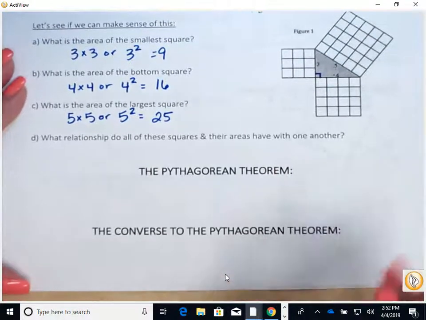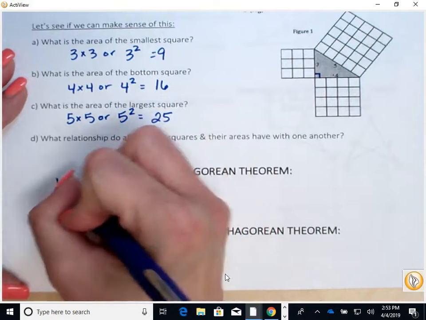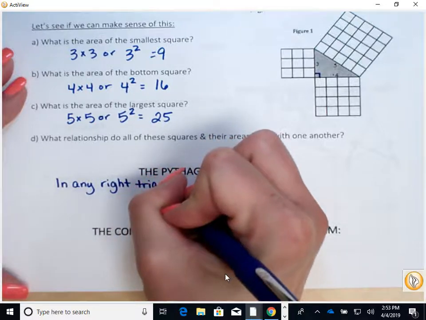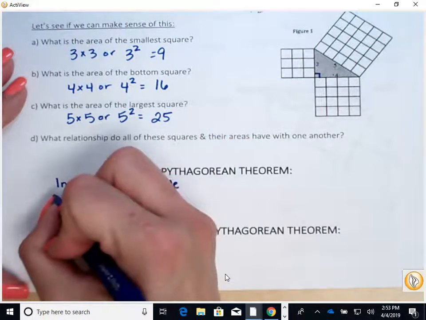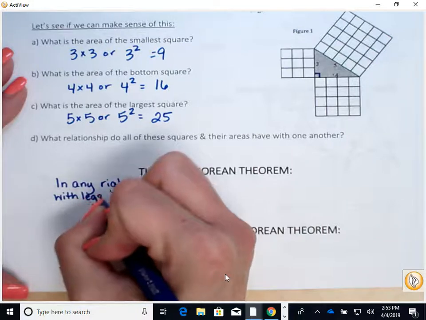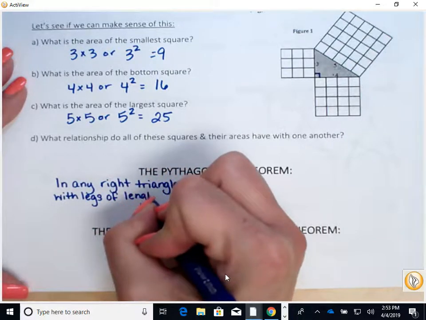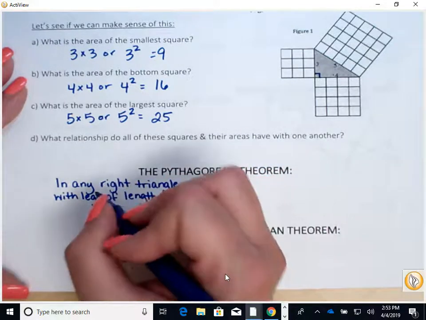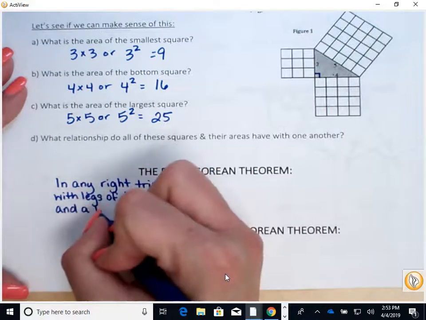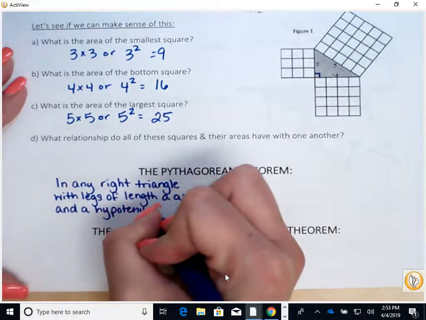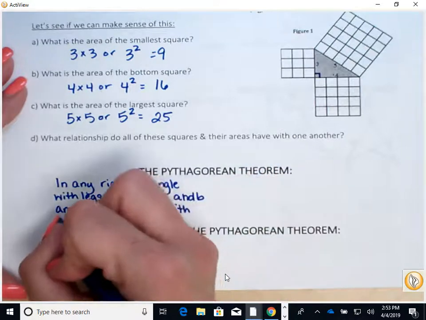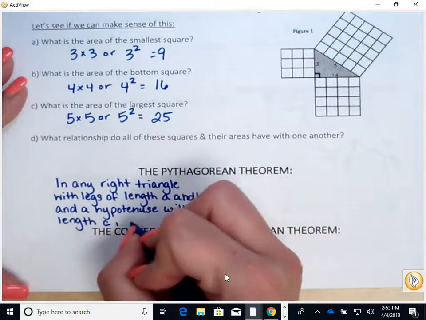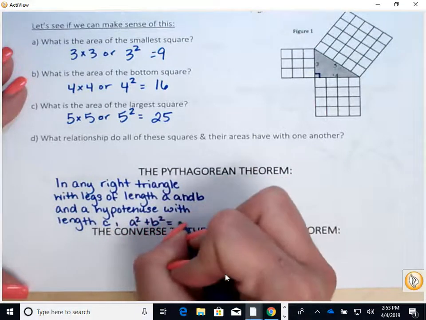So the Pythagorean theorem states, in any right triangle with legs of lengths A and B and a hypotenuse with length C, A squared plus B squared equals C squared.